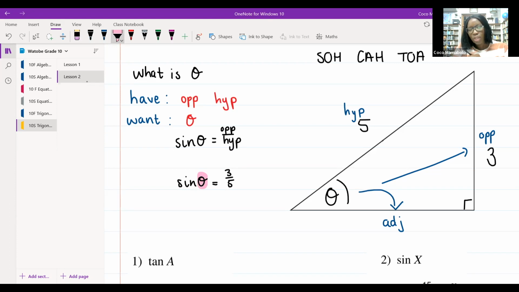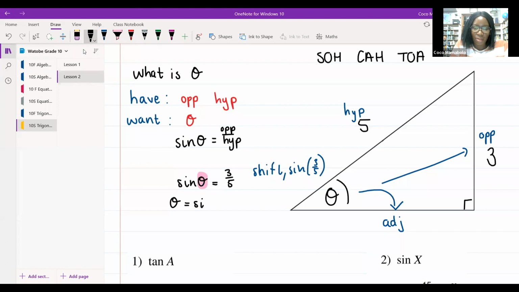Yes. Because we're looking for an angle, what do we need to do on our calculator? Shift sine. That's it, a shift angle. Yes, we must do a shift sine. So go to your calculator for me, my sweetie, click shift, sine of 3/5, and give me an answer.